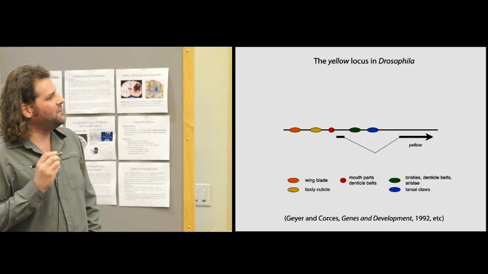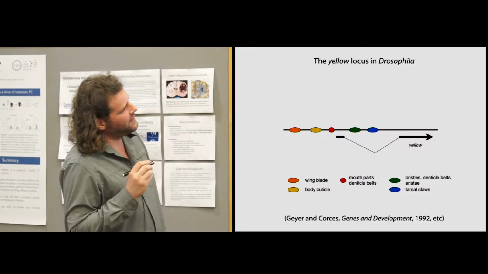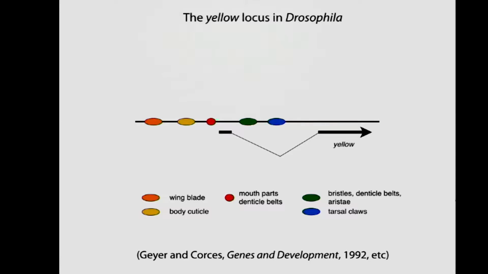So we're going to go way back. This is yellow in Drosophila, and you've got this interesting phenomenon. You have 5 different tissue-specific enhancers here, and these are some of the tissues in which each of these enhancers influences expression. There's a particular mutant from an insertion of a retrotransposon called gypsy.